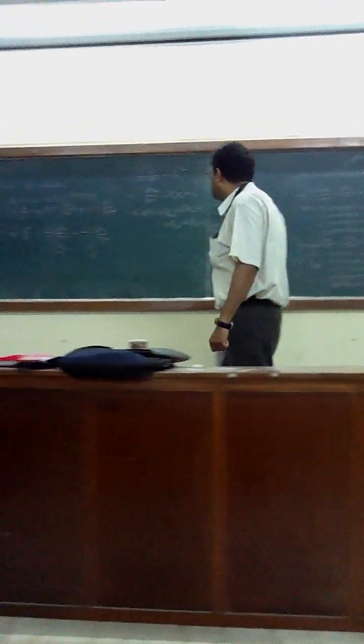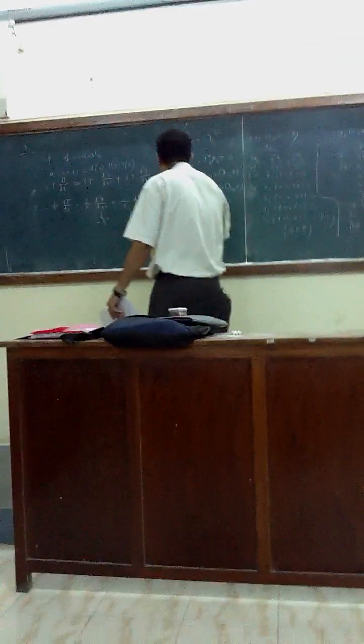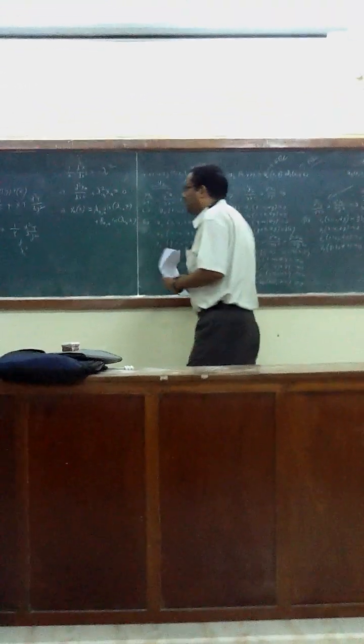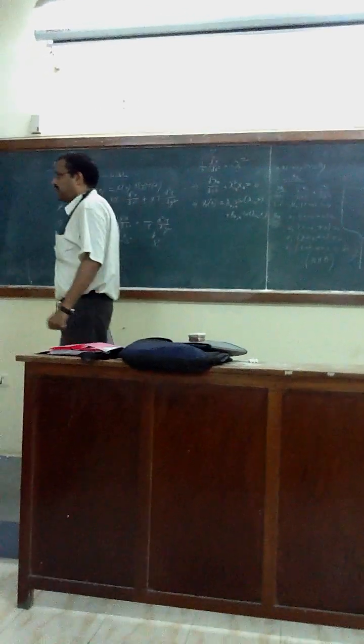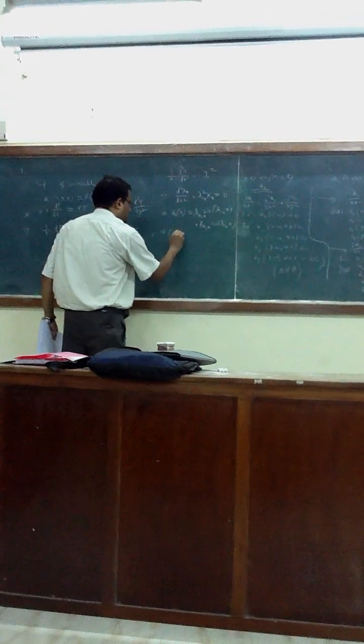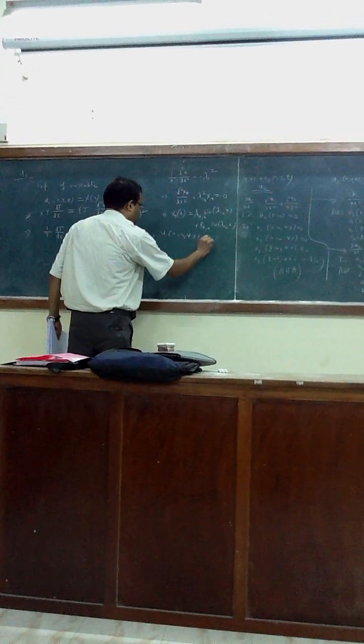Now we need the boundary conditions to find the eigenvalue. How do we get the boundary conditions? Look at your first problem. I will take one situation: u equals 0 at x equals 0 for all y from 0 to 1.